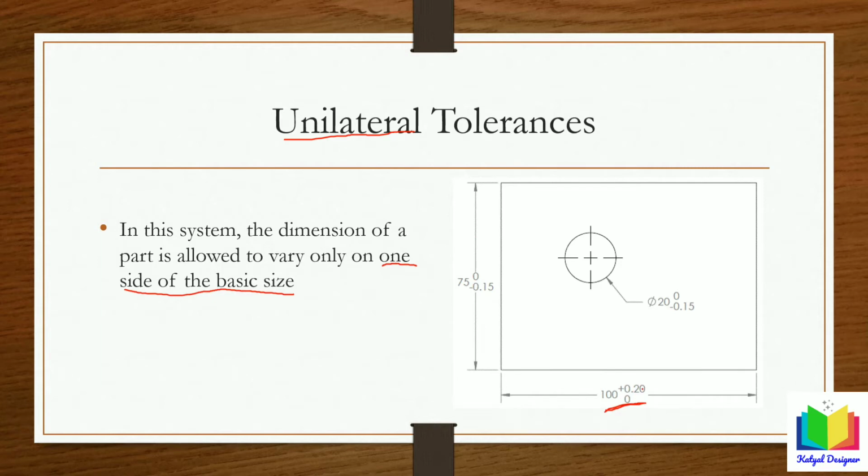It takes a positive tolerance of 0.20, but it takes no value on the other side. Similarly for the 75, we can see a negative tolerance, but on the positive side there is 0. This is called unilateral tolerance.